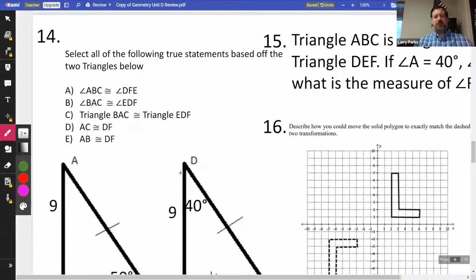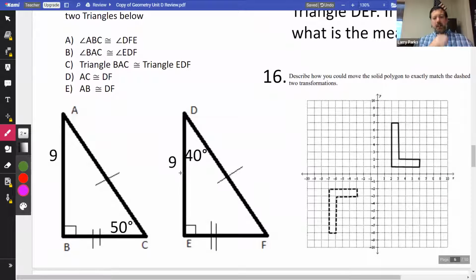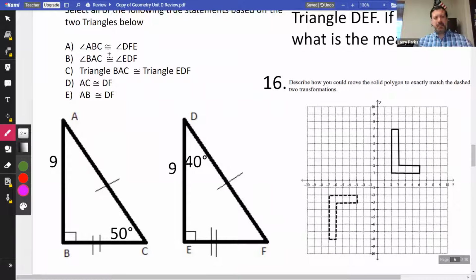Select all of the following true statements based off the two triangles below. Okay. Well, this is talking about congruency, the triangles. So first we need to decide, are they congruent? So we have a side, then we have our angle, and then we have our side.